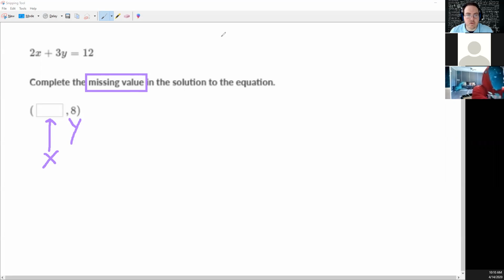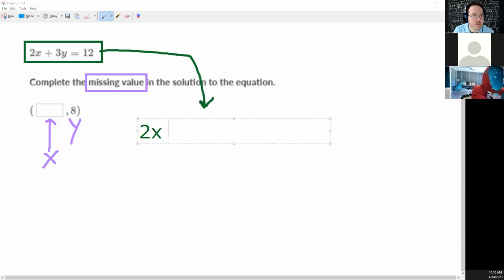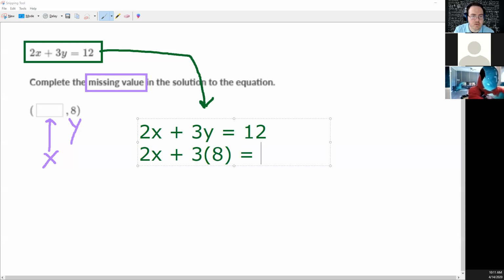So what we are going to do, we're going to take this equation up here, and we are going to plug in the y value that they gave us. So it was 2x plus 3y equals 12. What we're going to do is we're going to say 2x plus 3 times 8 equals 12.